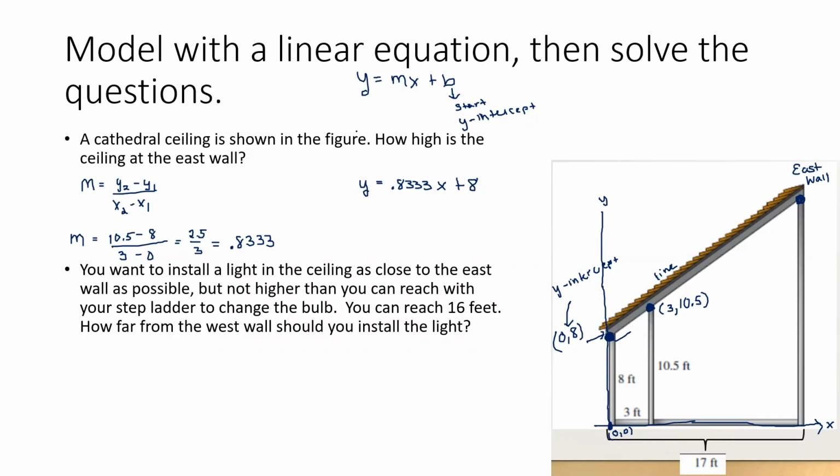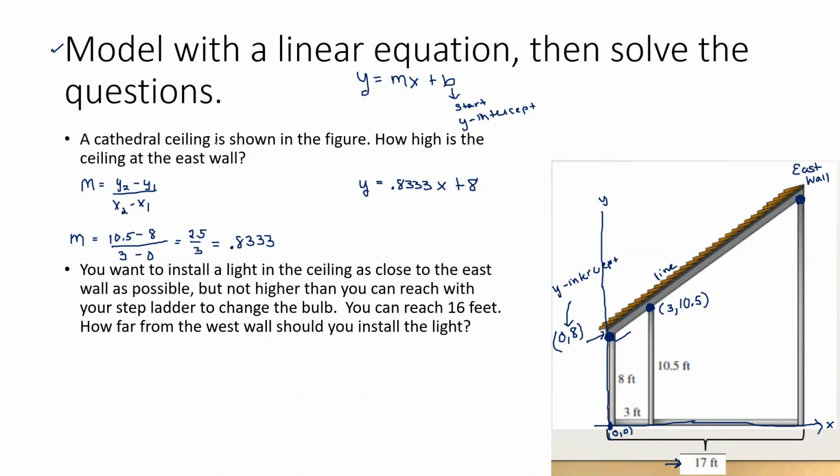So the first thing it had told me to do was model with a linear equation. So check, I've done that. And so then solve the question. So now I have to figure out how high is the east wall. Well, I'm looking at the east wall, and the one thing I notice about it is this number down here, that it is 17 feet removed from the west wall.